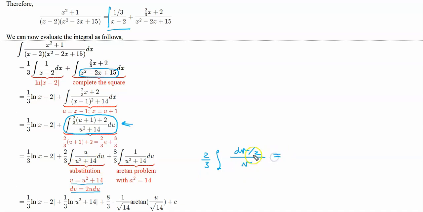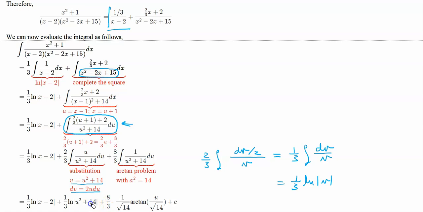And you see what we get here is that this 2 and this 2 cancel, and we end up with 1/3 integral dv over v. Okay, so that's how we get the natural log of v, and v is u squared plus 14. So right there's the v. Okay, so that's how we handle the first one, right?